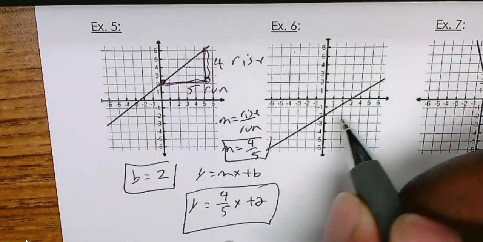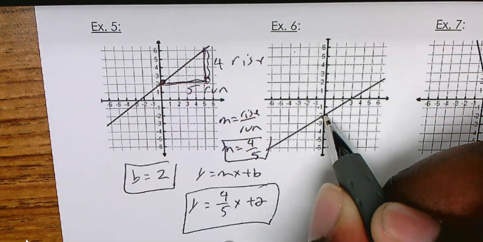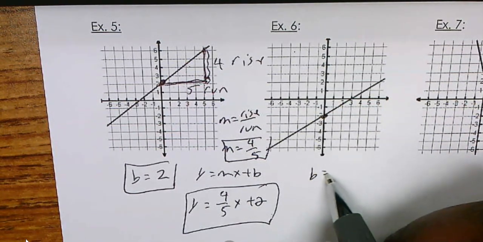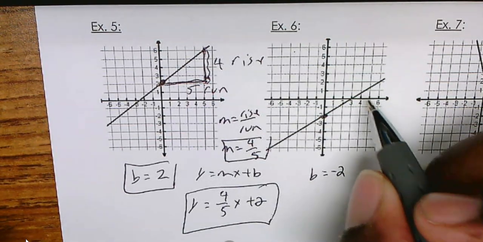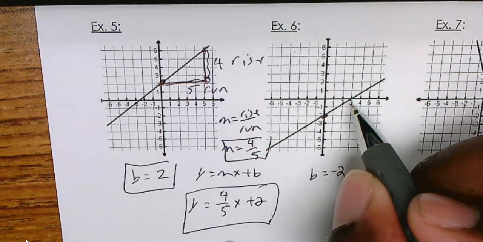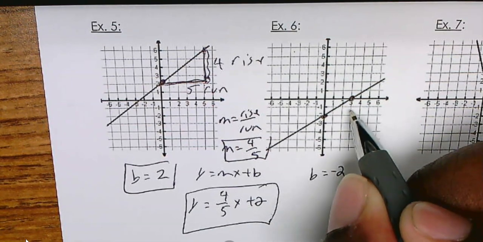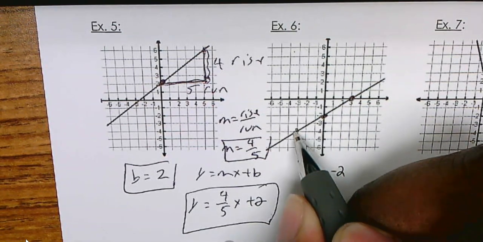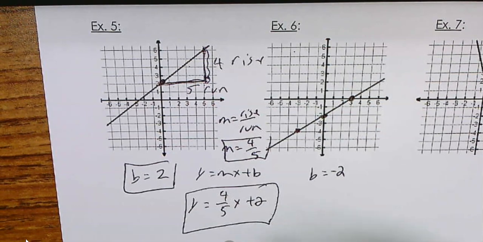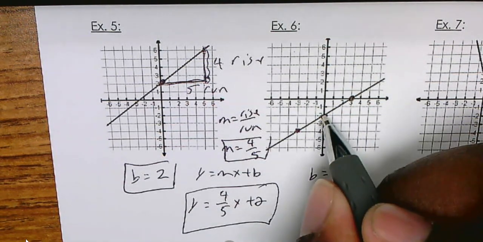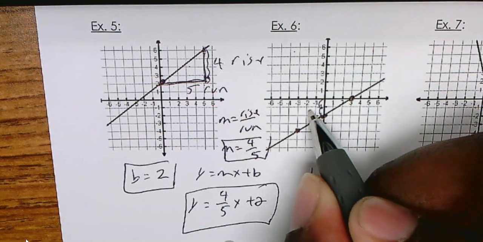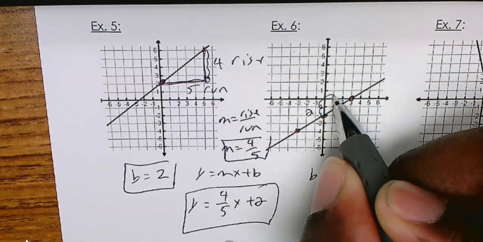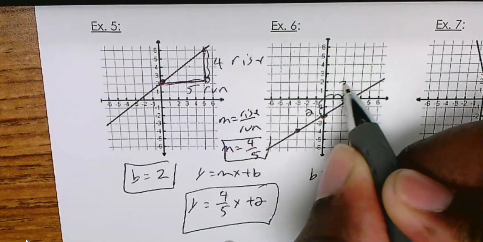If I want to write the equation for this line, I can find my y-intercept. So I know b is -2. And I need to find another good point. I'm going to choose this one. You could have chosen this one. Either way, we have a good point. So if I did that, I would rise 1, 2, and go over 1, 2, 3.